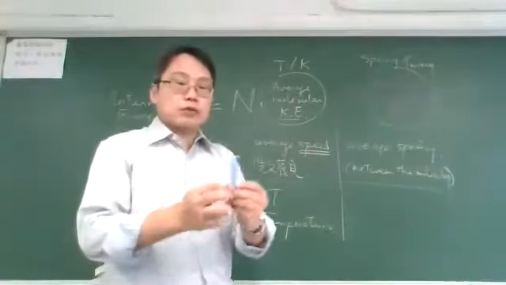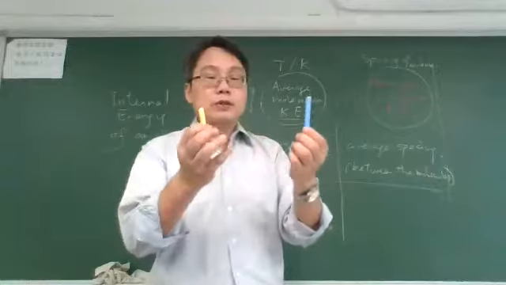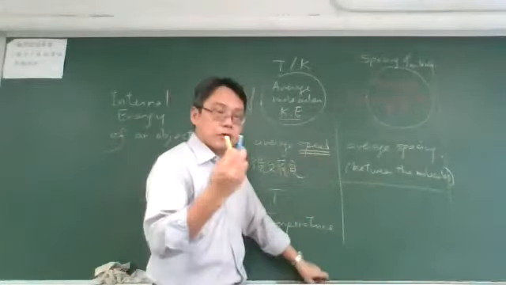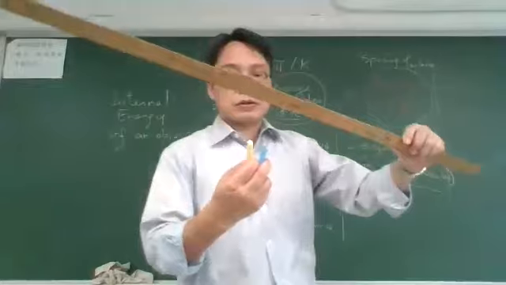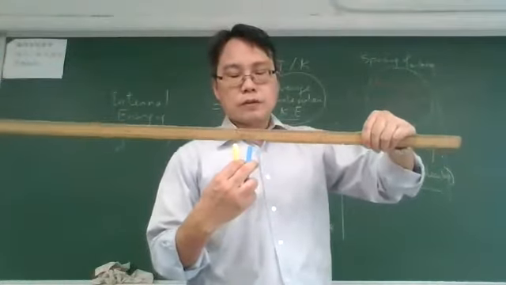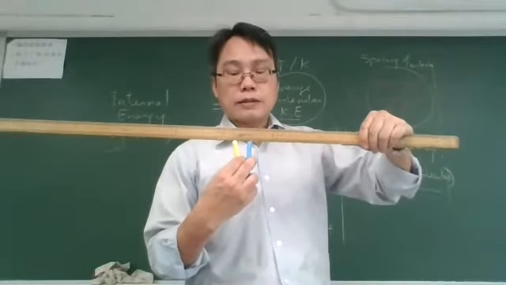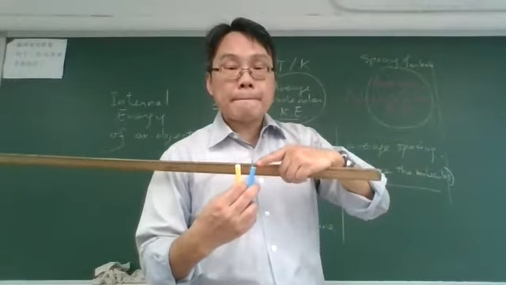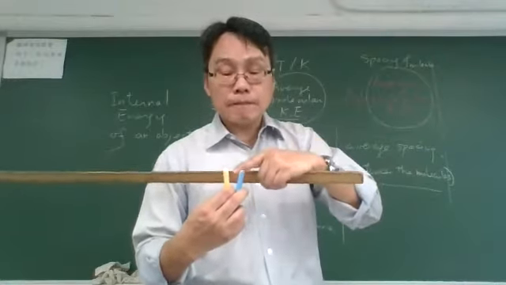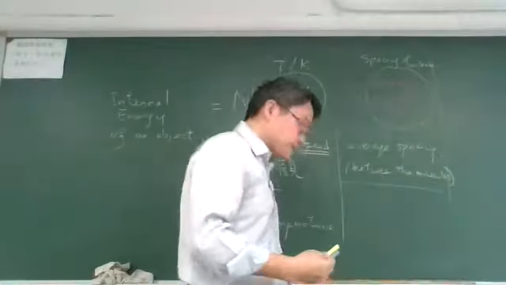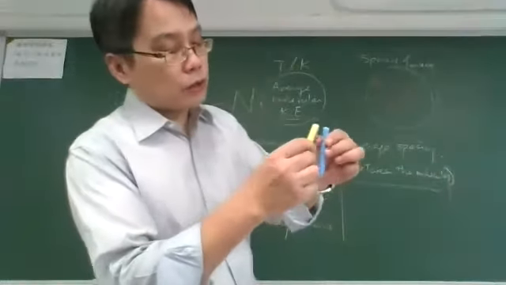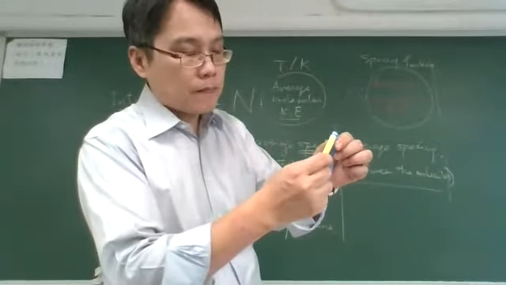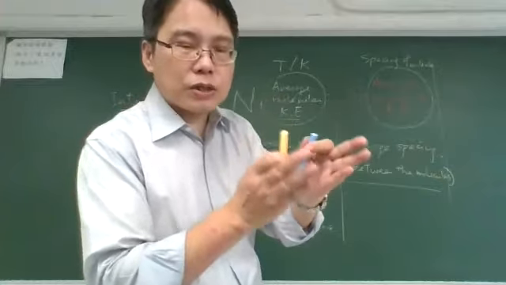I have 2 chalks here in my hand. The distance between them can be measured directly with a ruler, and this spacing between them is macroscopic because it can be measured directly. However, the molecules inside each chalk are closely packed together, and the size is extremely small.